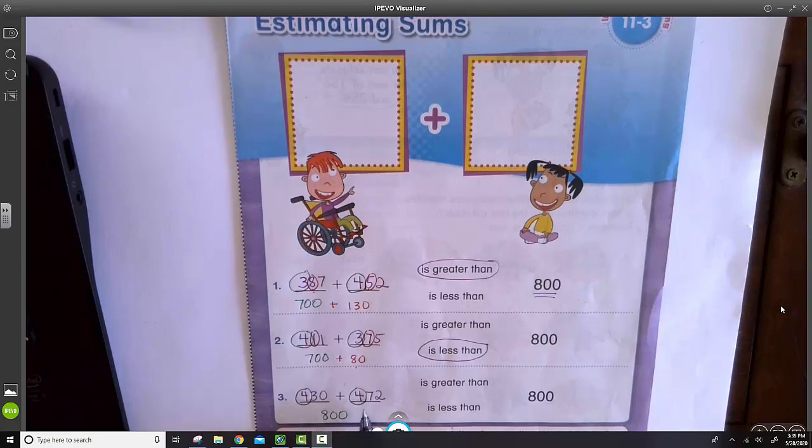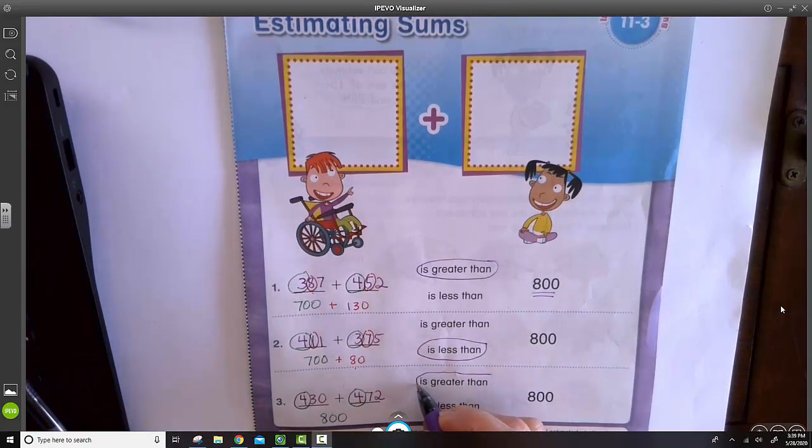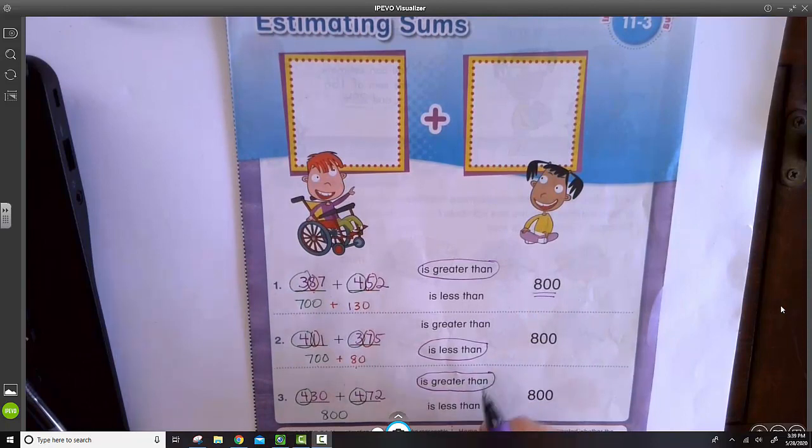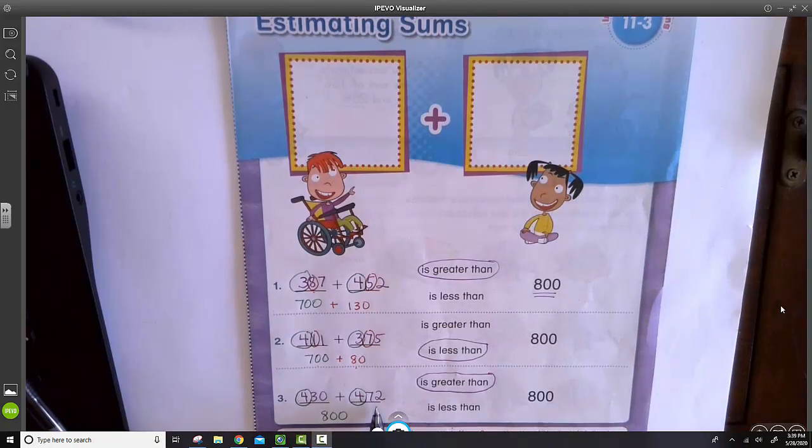We still have 30 and 72 more numbers that we could add together. So this is obviously greater than 800. And in fact, if you have 3 tens and 7 tens, it looks to me like this will be greater than 900 by just a little bit. So that is our first experience with estimating sums.